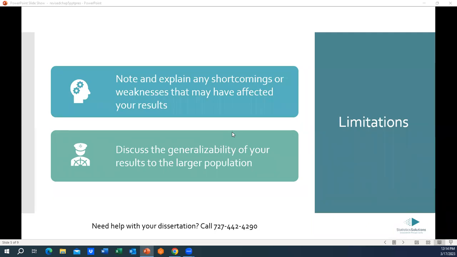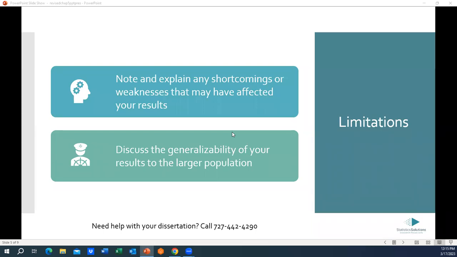Now there's other things that influence that, like your sampling, your recruitment method. If you use convenience sampling, that might reduce your generalizability a little. Random sampling is the best for generalizability. So you want to talk about how well your findings generalize.